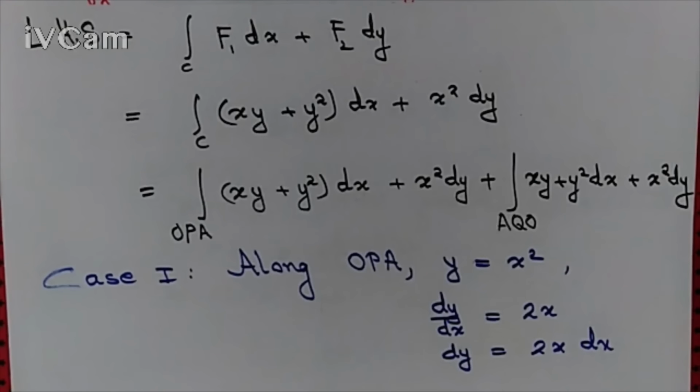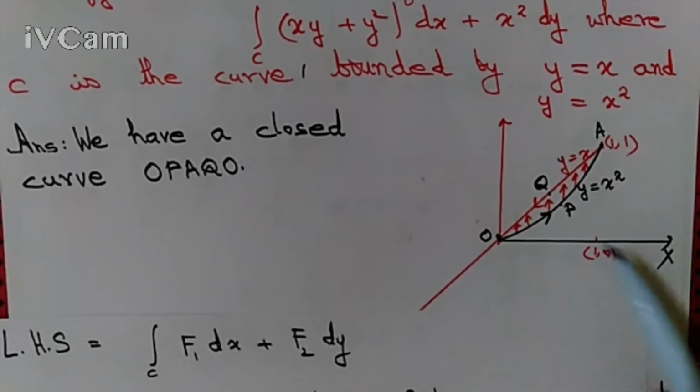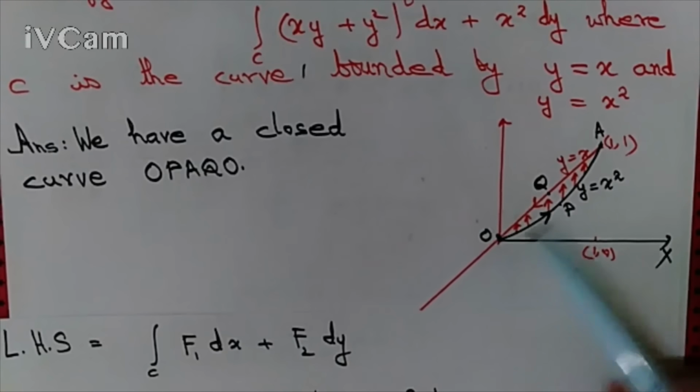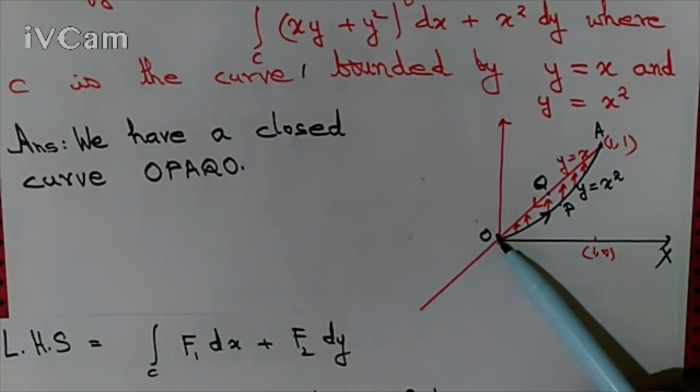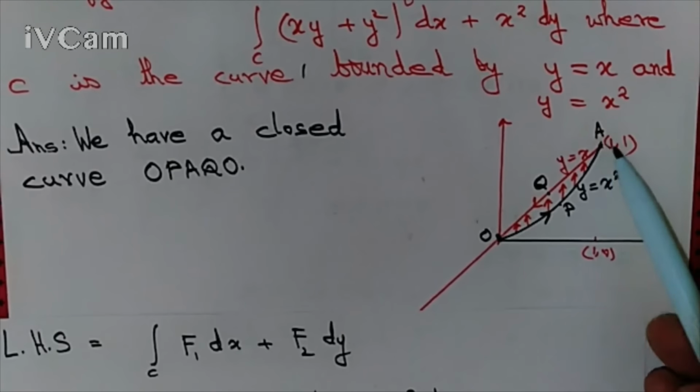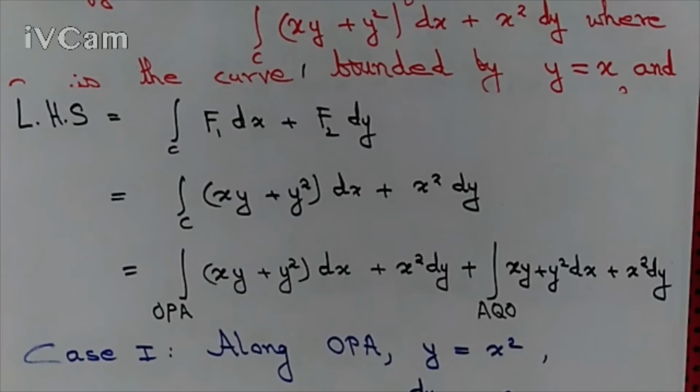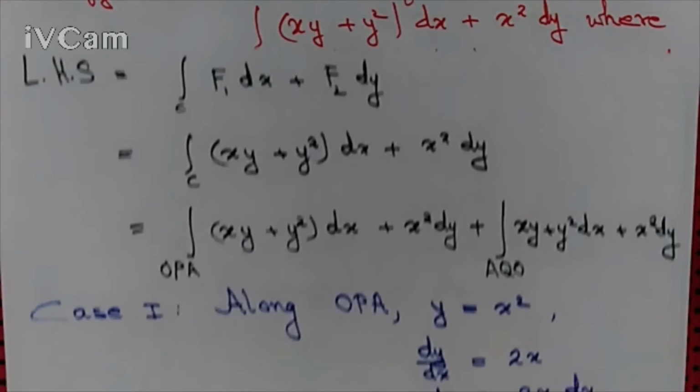Also, whenever we have a line integral, we need the starting point and ending point. We are moving from O to A. At O, x equals 0, at A, x equals 1. So x is changing from 0 to 1.